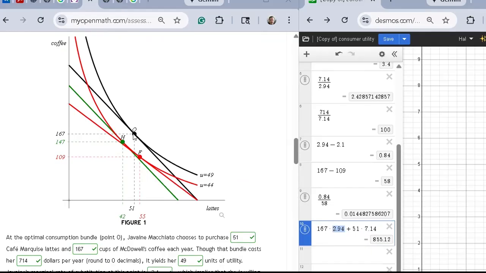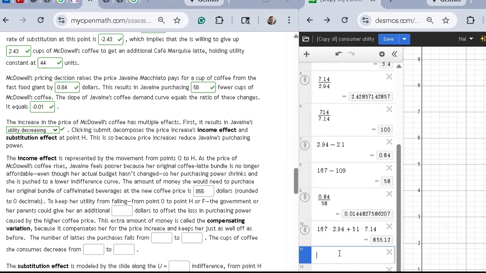Therefore, in order to purchase bundle O, the original optimal solution, she would need $855, rounded to 0 decimal places. With $855 being the amount she needs now after the price change, we subtract from it what she needed before, $714. Thus, she feels $141 poorer.